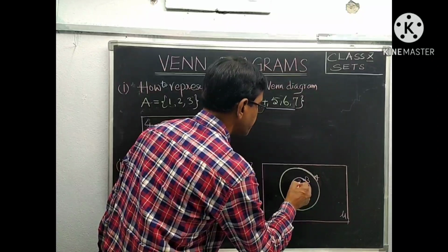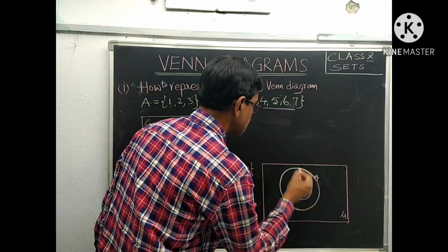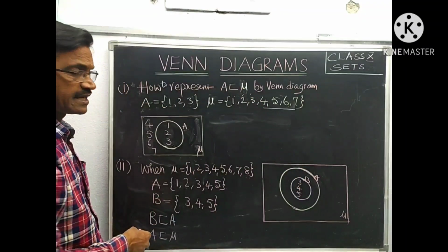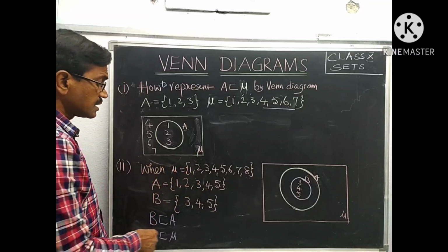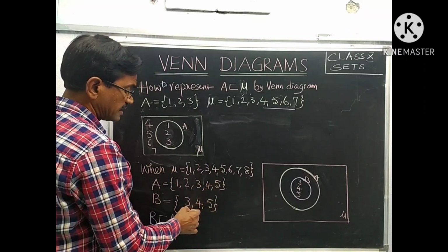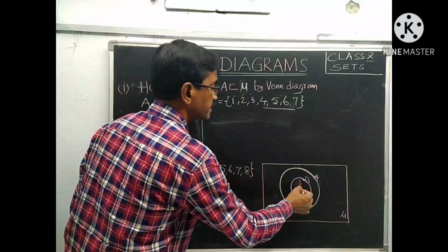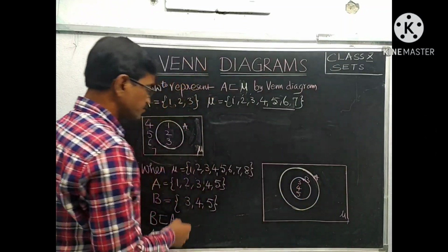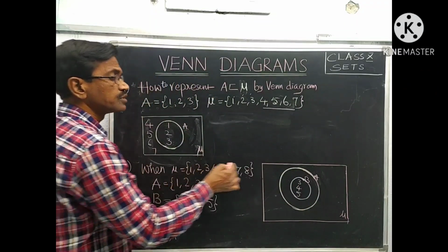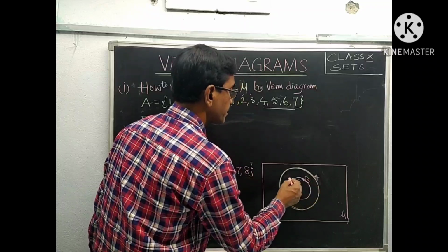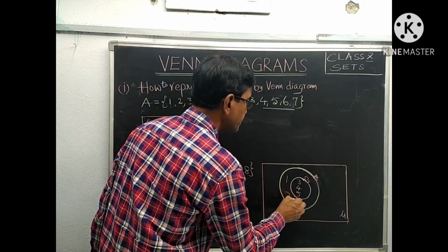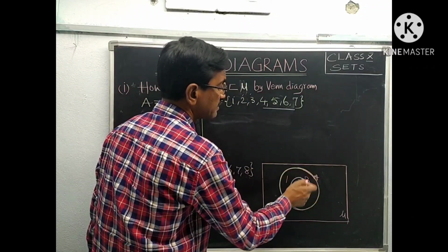Write 3, 4, 5 in B like this. Now you have to write the elements of A. 3, 4, 5 we have already written here. So you have to write only 1, 2 outside of B, but inside of A.